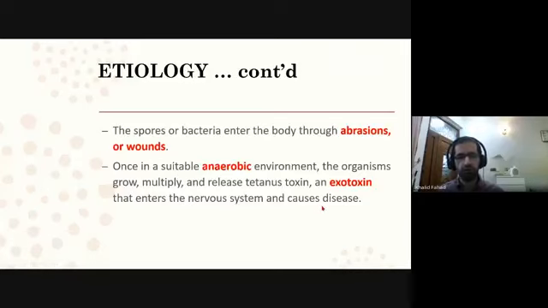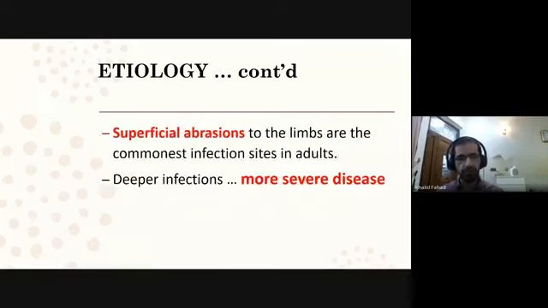So we have an entry mode, either abrasions or wound, then multiplication and cultivation of the organism, followed by release of toxin. The clinical manifestations of tetanus are caused by the exotoxin rather than the bacteria itself. So the exotoxin is responsible for the whole clinical picture of tetanus.